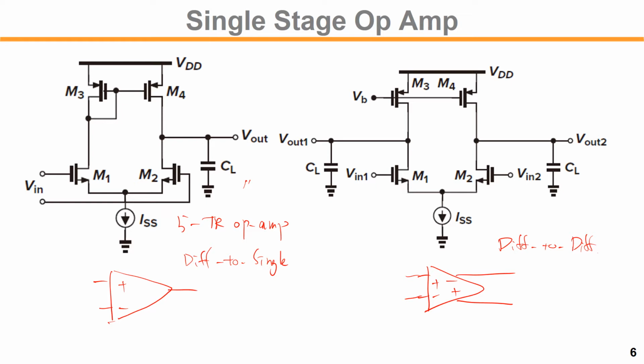For the differential to single-ended, we have a current mirror at the load, so we can take only the single-ended output. Okay, I'm not going to reanalyze this because we already learned how we calculate the voltage gain, right?